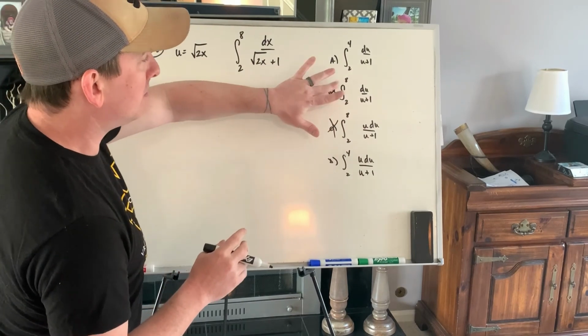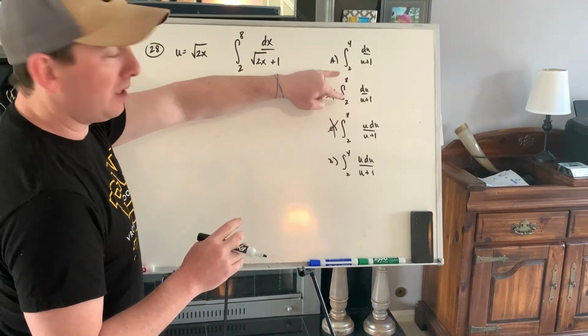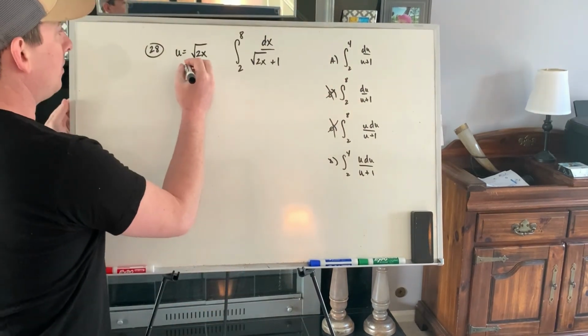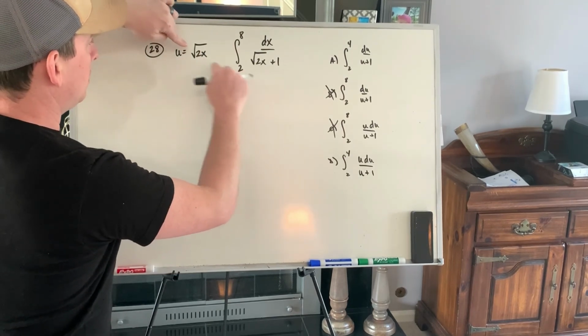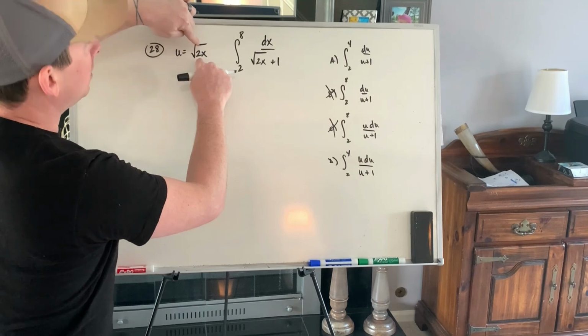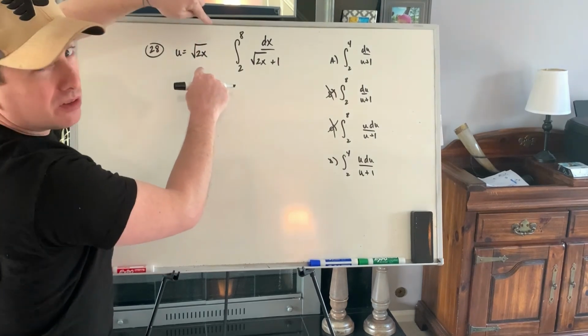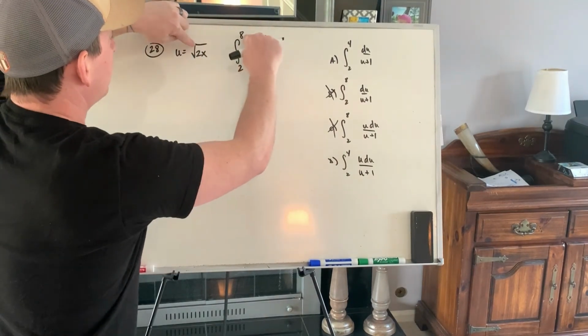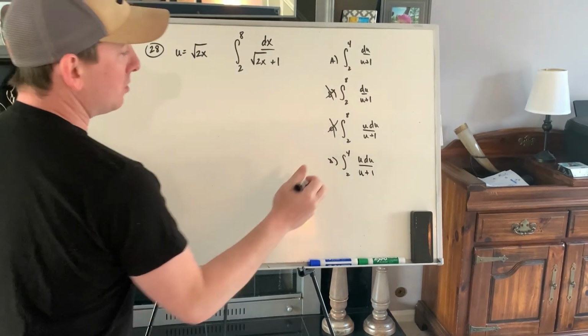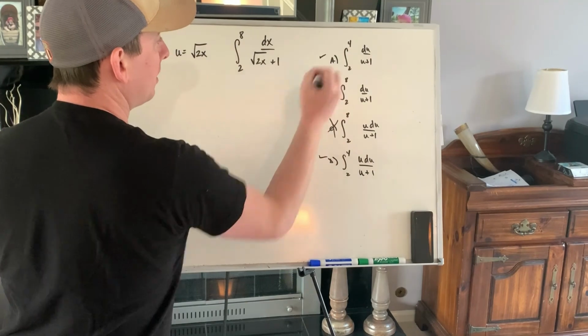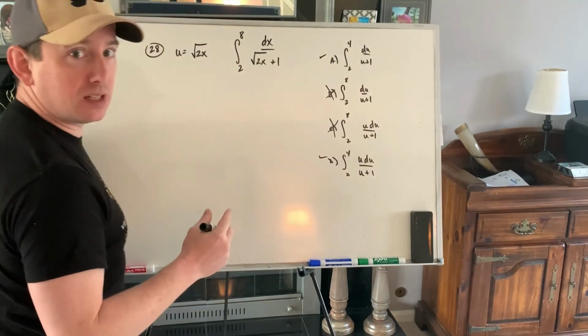So I'm almost positive they are not still going to be 2 to 8. If U equals this, then my old X being 2 means my new U is going to be, well, still 2. All right, so that one doesn't change. But when X is 8, then U is going to be 4. So my new bounds have to be 2 to 4. So it's definitely one of those, and I hope you got rid of B and C.